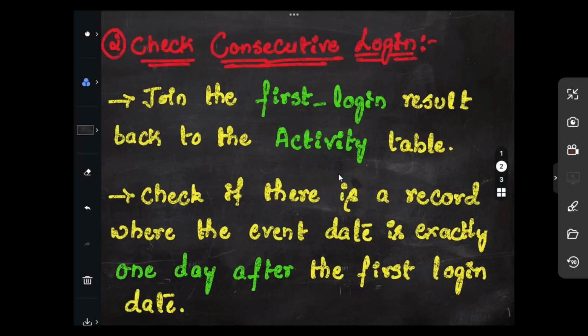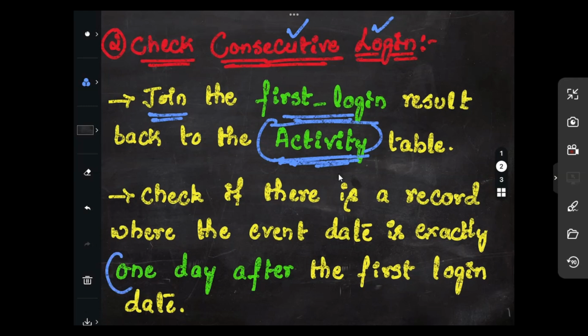The next step here is we have to check the consecutive login, whether he or she has logged in the next date or not. We need to check for the consecutive login, right? So first we will join the first login result back to the activity table, and next we will check if there is a record where the event date is exactly 1 day after the first login.